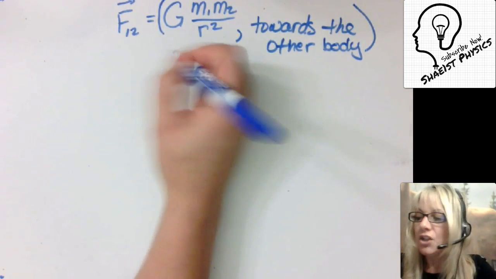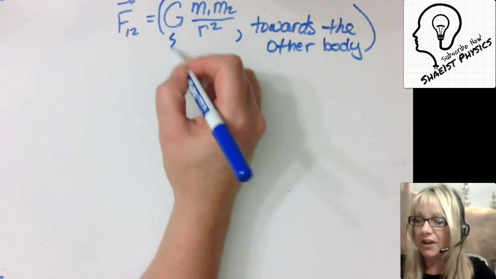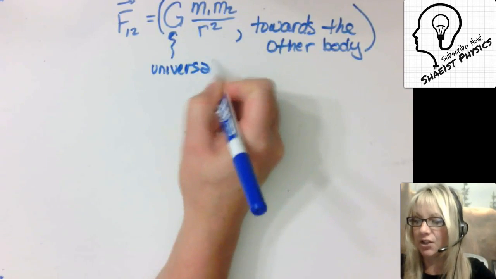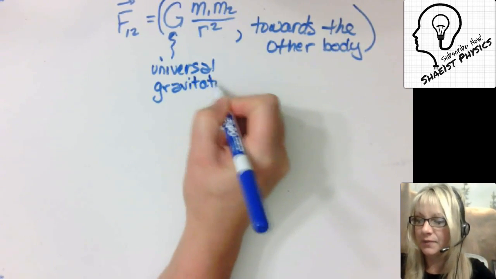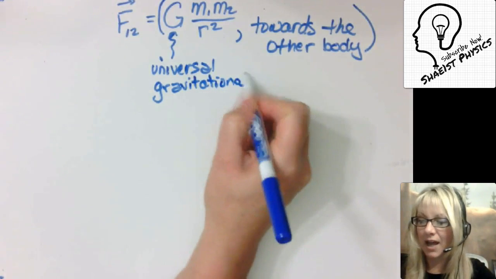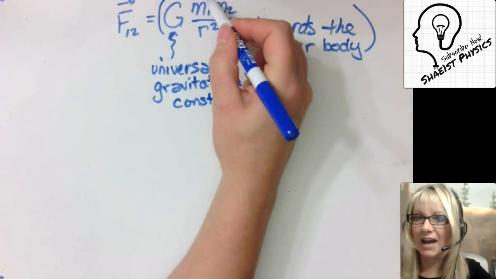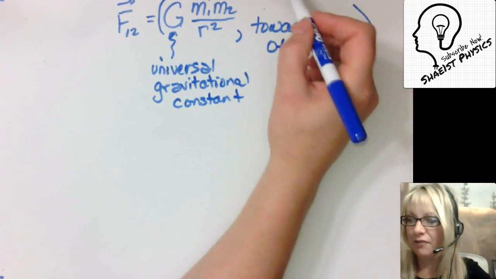So when we take a look at the magnitude of this, we have this funky little constant that is called the universal gravitational constant. And we have the mass of body 1.